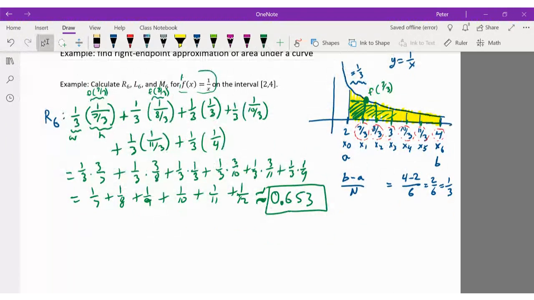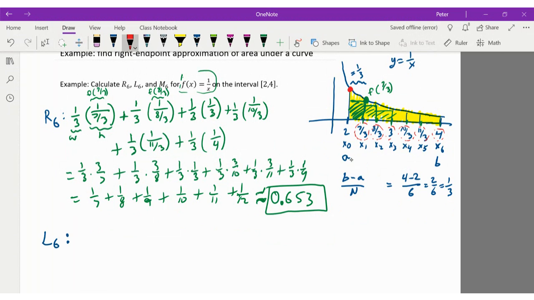So if I calculate instead L6, I was trying to figure out how best to depict this.